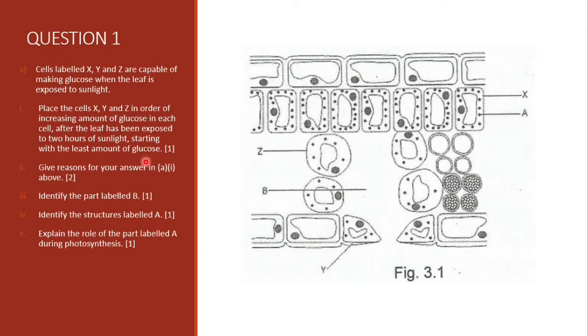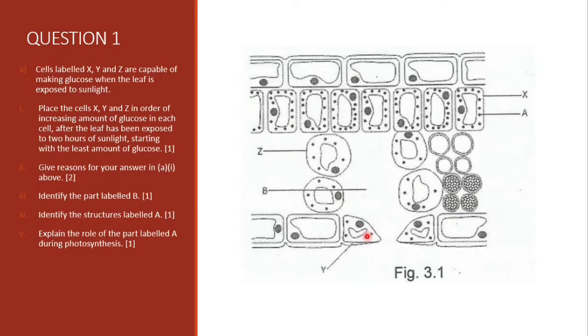So the cell which makes the least amount of glucose here is Y.